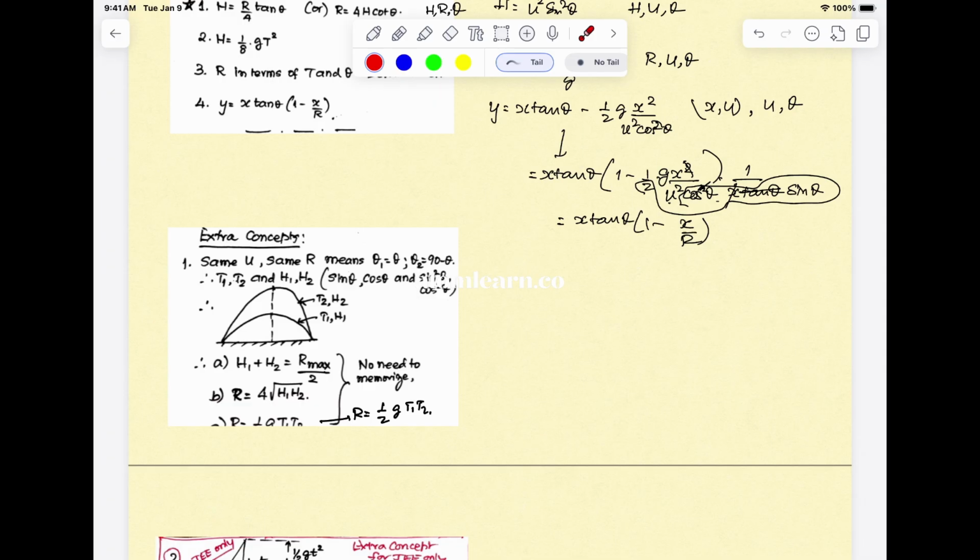Therefore we get the same range, of course with the initial speed of projection u remaining the same. For two different theta you will get the same range, whereas the two different theta will give you two different times of flight t1 and t2 as well as maximum heights h1 and h2.